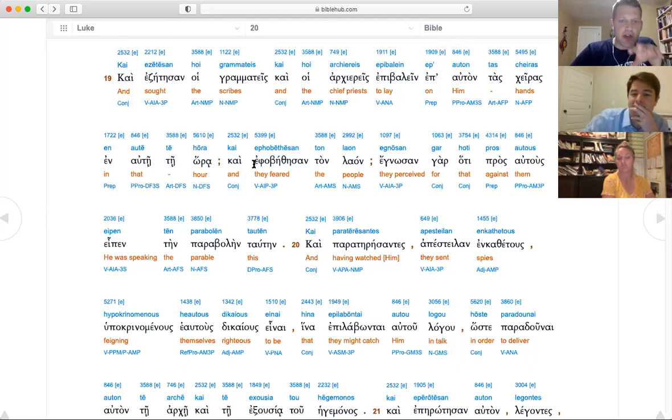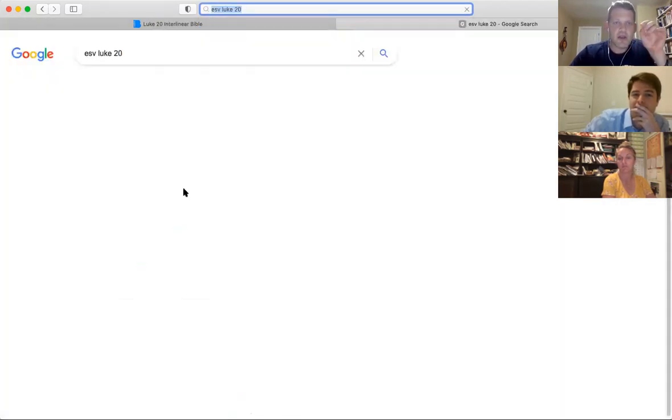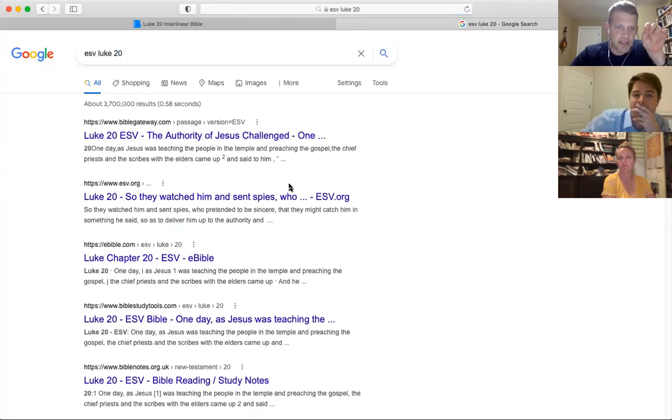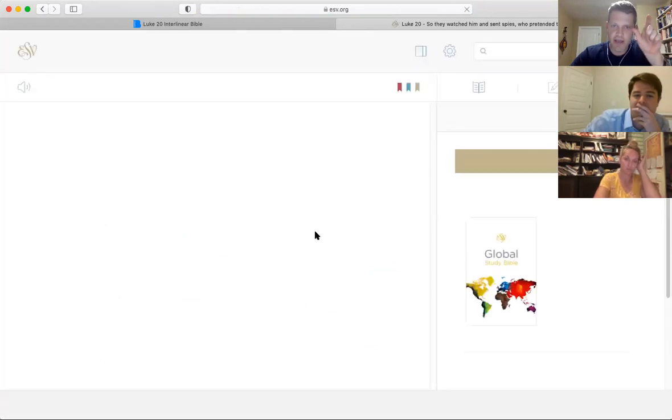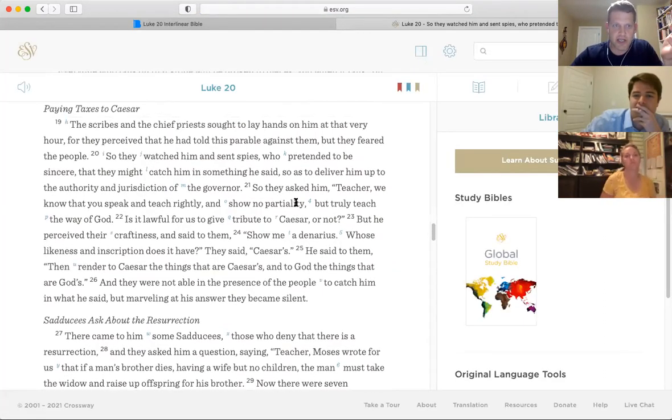But one of the things that struck me, so we were, again, in church listening to this, and let me just pull it up right here, ESV Luke 20. As we were listening to it, look at how this is translated. Look how they change around the conjunctions. And this is like every translation does this.